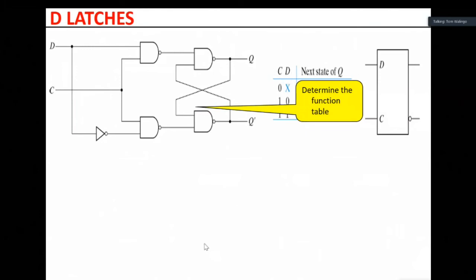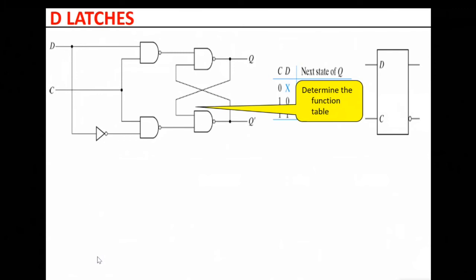What will be the next state? Build from what you've been looking at. Just follow what we've been doing and tell me how the behavior of that circuit is with the function table.